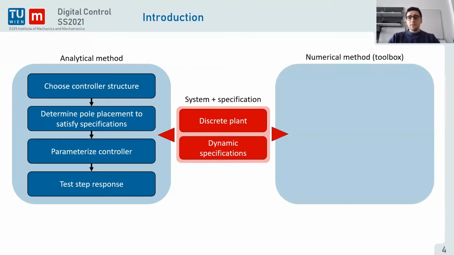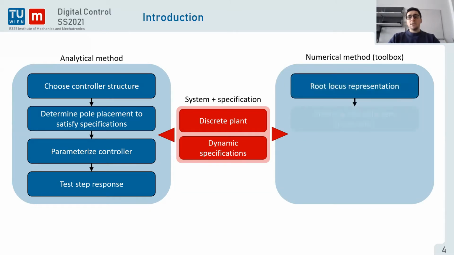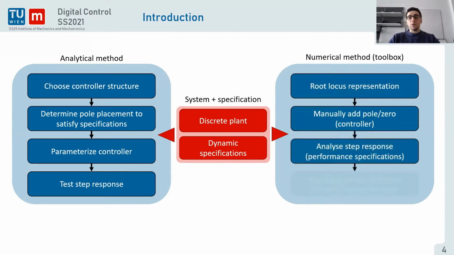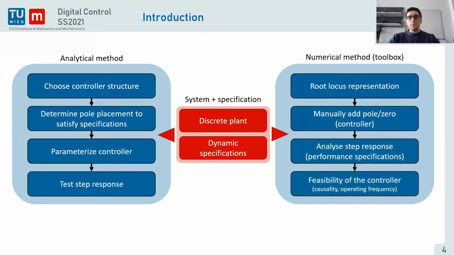In the second exercise, we're going to see exactly the same, but using a numerical approach this time. The root locus can be done automatically by Matlab, and we can directly add poles and zeros wherever we want and see where the closed loop poles will be located, also changing the gain, how the step response will change, and try to find a controller this way.